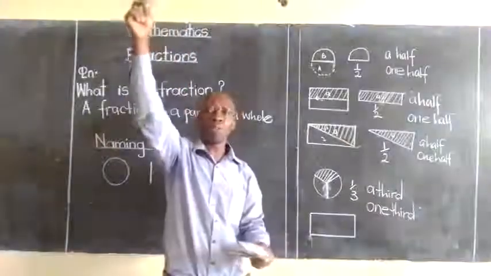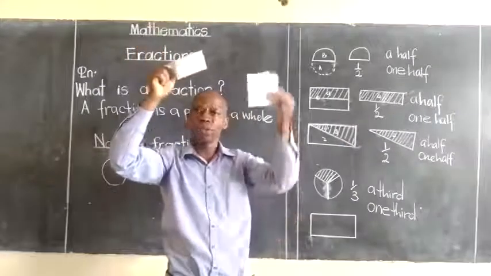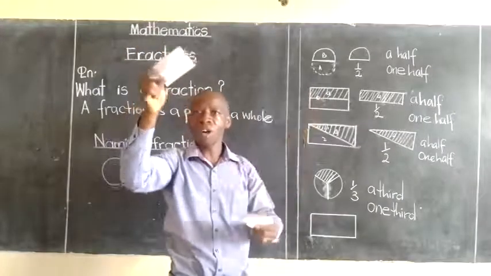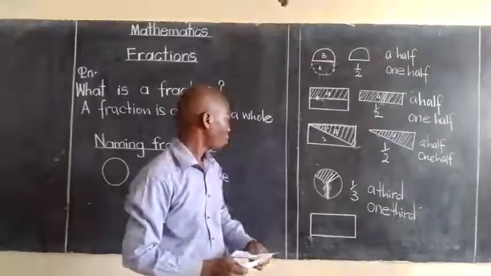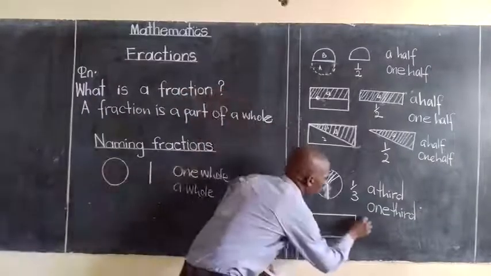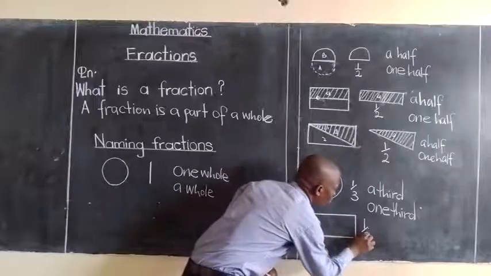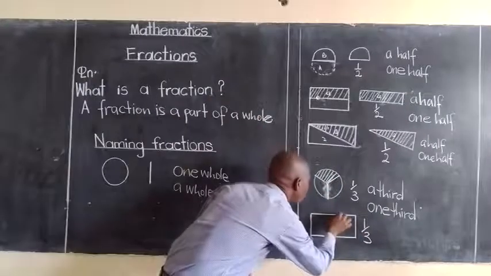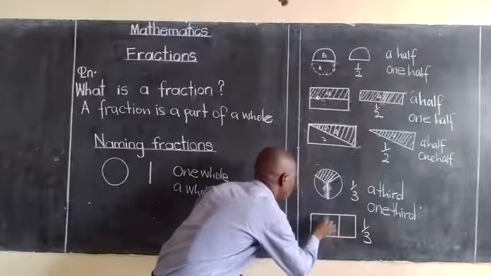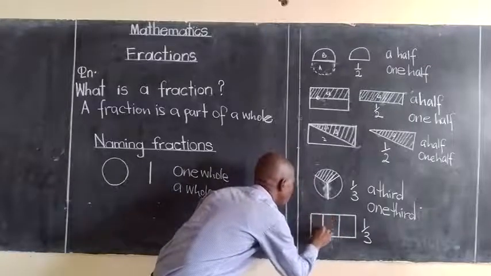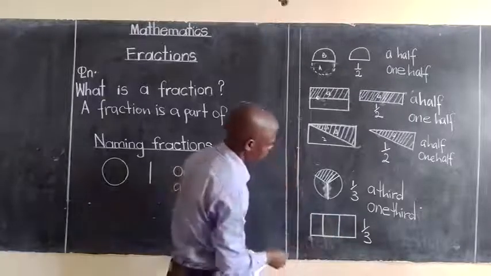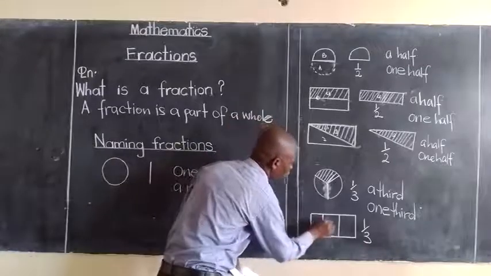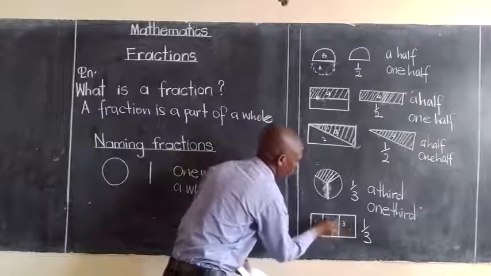Now we are removing one part. 1 out of the 3 parts. Which is written as 1 out of the 3. If we are to use a diagram, then we shall have these parts. We shall have 1, 2, 3.